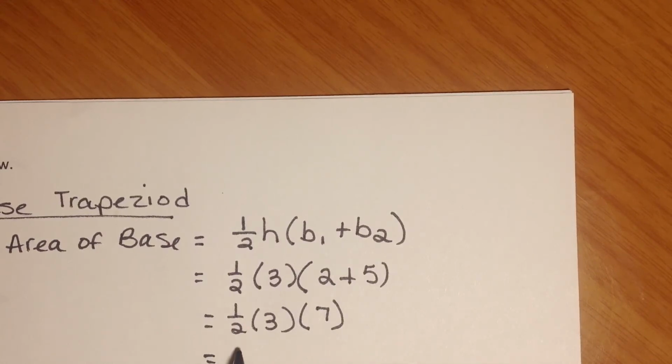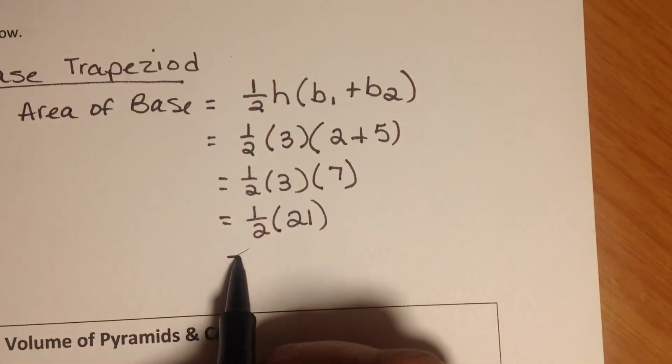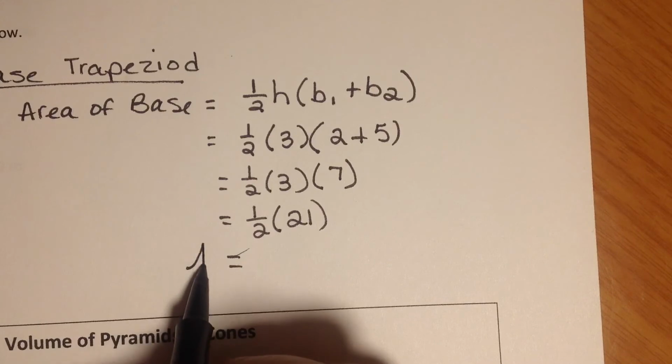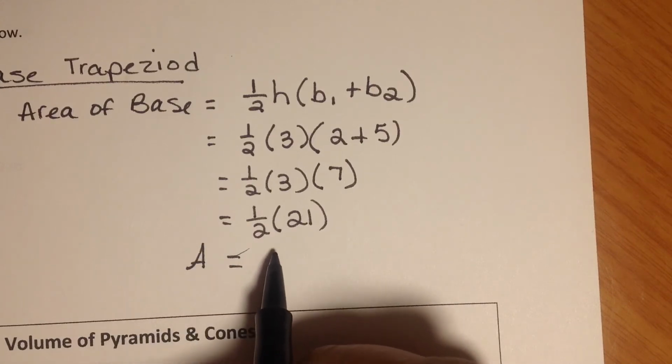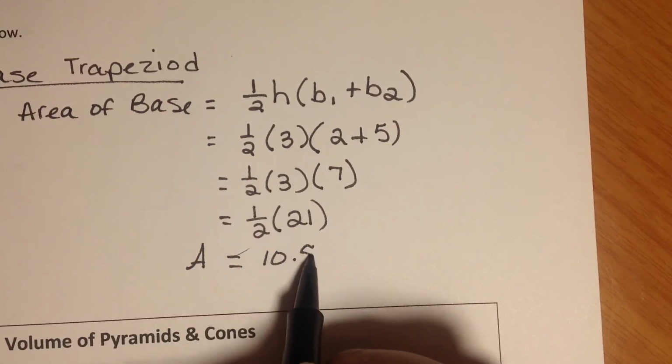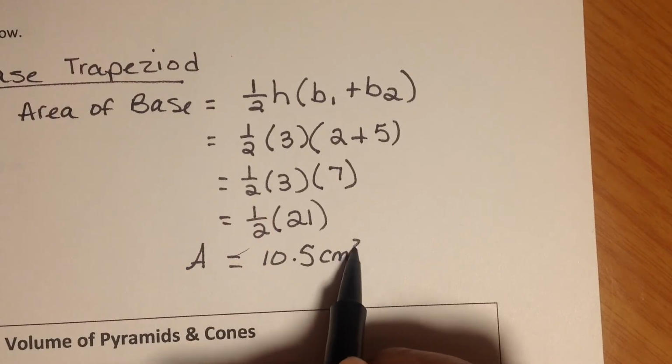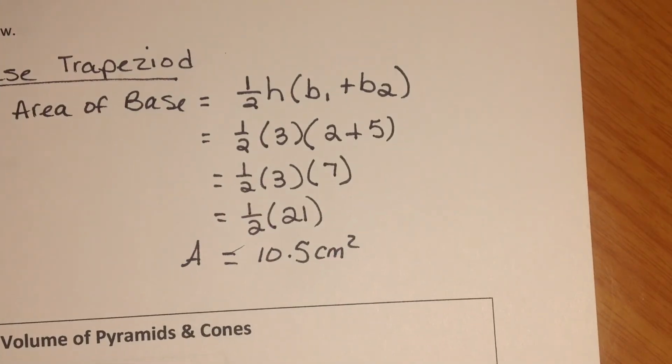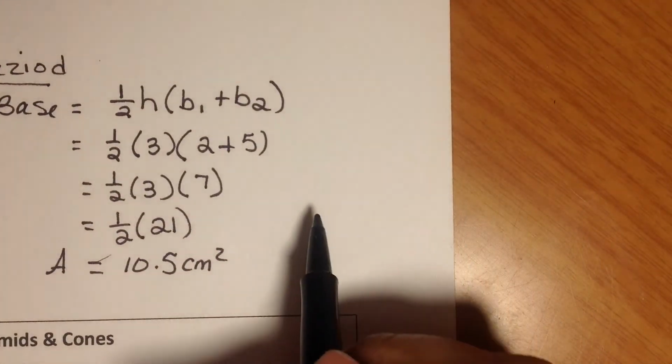Okay, so I'm going to multiply next. So I have 1/2 times 3 times 7 is 21. I'm going to take half of 21, and I find out that the area of my base, and I'll call it A this time, is 10.5 centimeters squared.